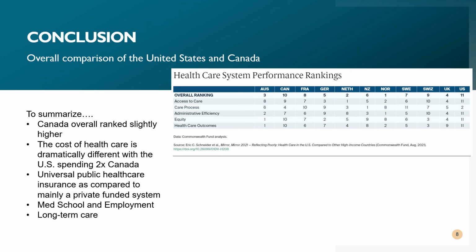The cost of healthcare is dramatically different, with the U.S. spending 2 times what Canada spends. Canada has public universal health insurance as compared to mainly private funded insurance in the United States.